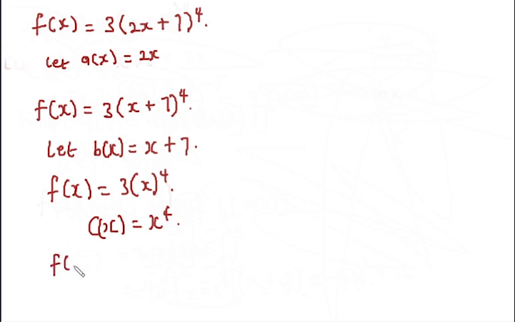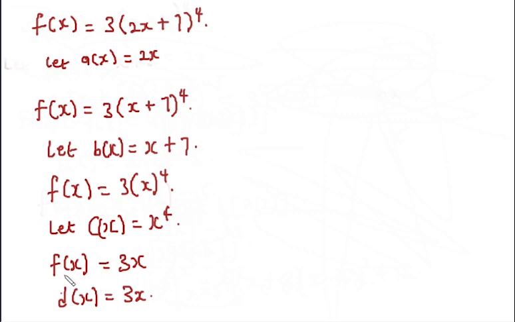So f of x is equal to 3x. So the next operation performed on x is 3 times x. So the last function is d of x, which is equal to 3x.